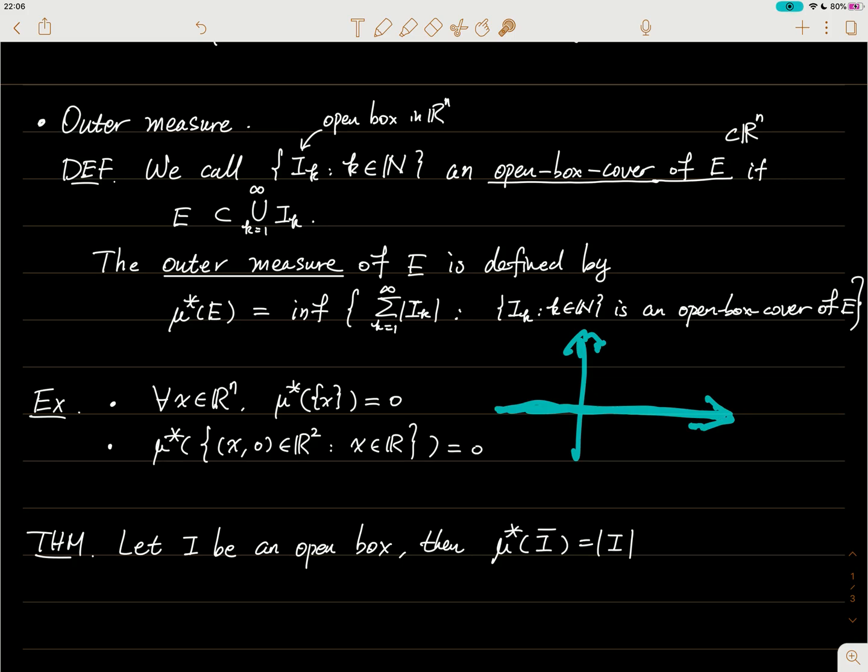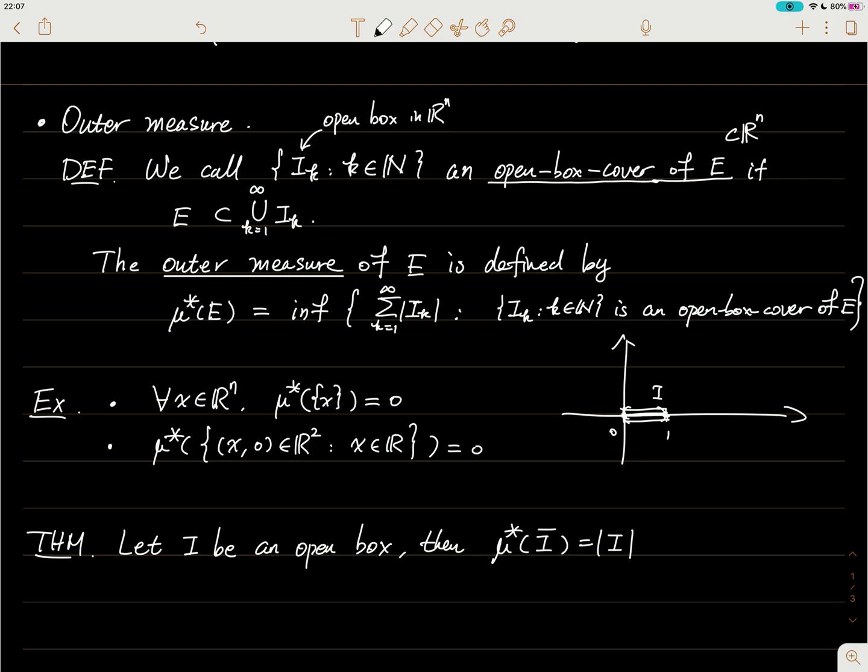So how to show this? Let's first show that, say I have an interval here from 0 to 1. I'll show that this interval has outer measure 0. To show that, I can draw a box. Let's say this interval is open, open 0 to 1. I can draw a very thin box that covers this interval, and I can make the height of this box arbitrarily small.